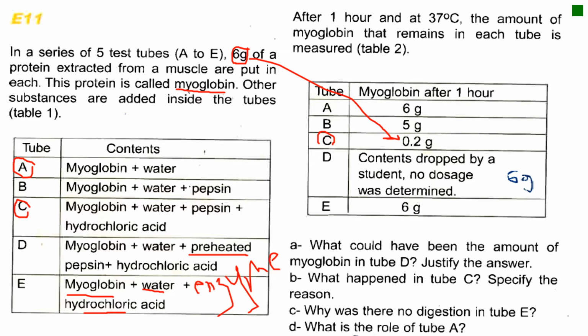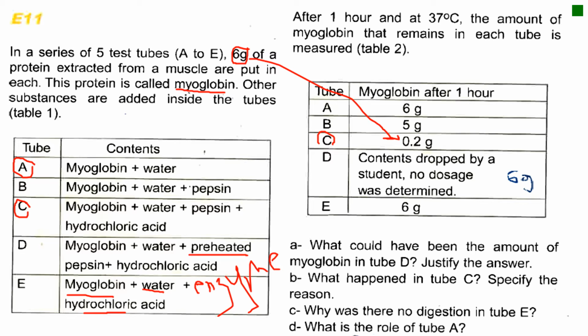The amount of myoglobin that remains in each tube is measured in table 2. So tube A has, after 1 hour, 6 grams of myoglobin, so the quantity of myoglobin remains the same. Tube B has 5 grams. The quantity has slightly decreased.